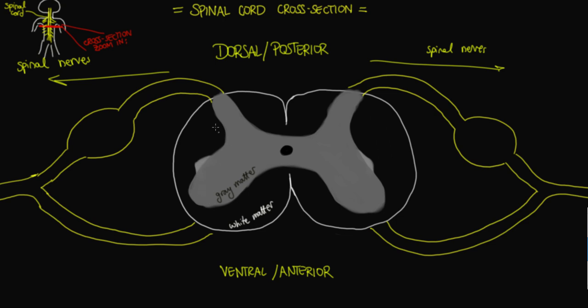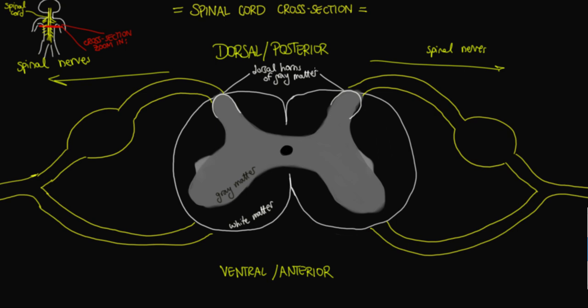In addition, what you're going to notice is that this butterfly structure has what we call horns extending on the posterior or dorsal side, as well as the anterior or the ventral side. And so because of this, these right here are what we call the posterior or the dorsal horns of the gray matter. They kind of give off a horn appearance.